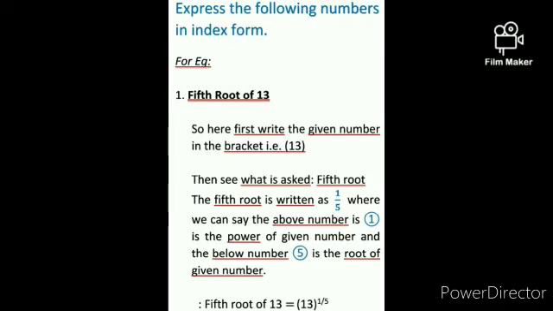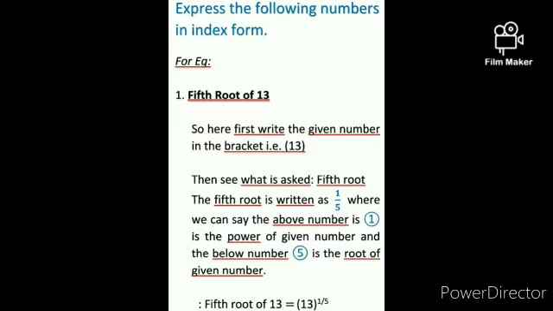Now, if we have to express the numbers in index form, for example, fifth root of 13. Here children, first write the given number in the bracket. What is the number given? Yes, 13. So 13 is to be written in the bracket. Then you have to see what is asked.